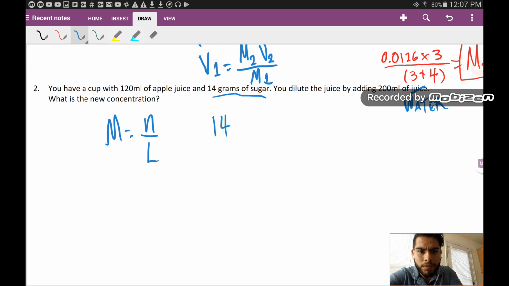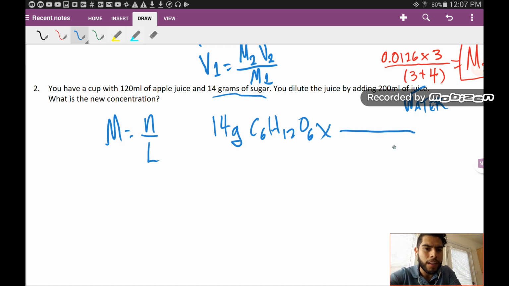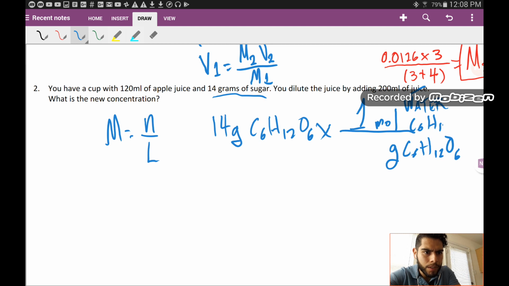So we divide by grams of sugar, C6H12O6, and we say 1 mole of sugar, C6H12O6.